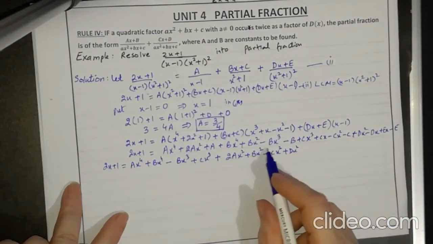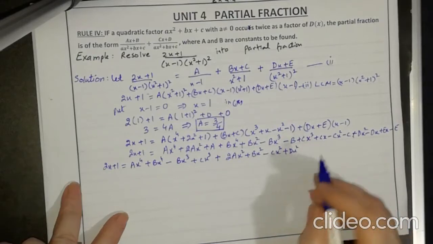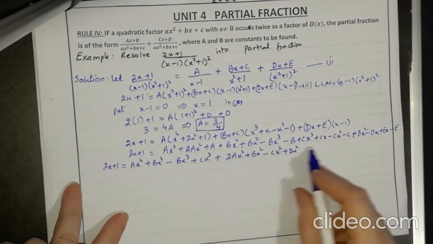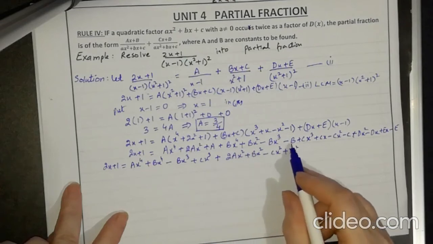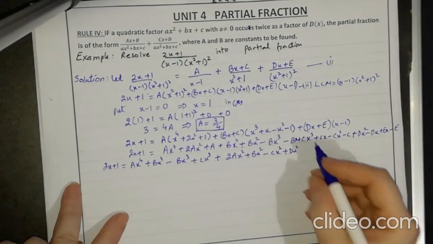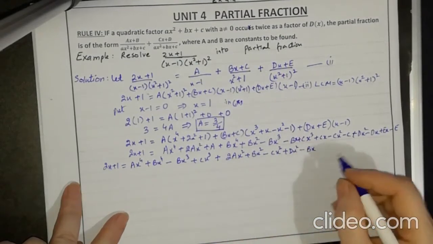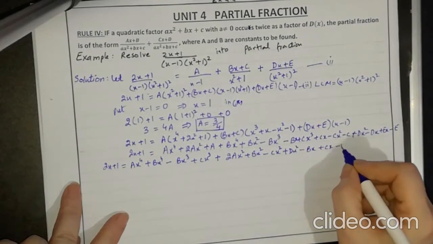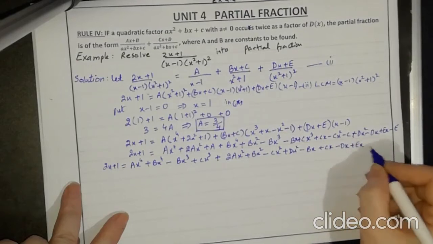Then where is the x term? Here is cx, and also we have, let me check once more, minus bx, into bx multiply minus 1. So we have minus bx plus cx minus dx plus ex.